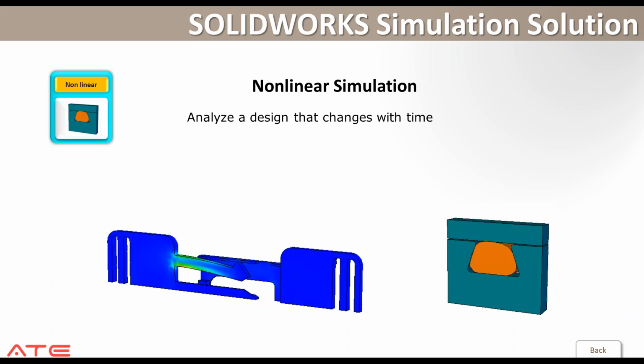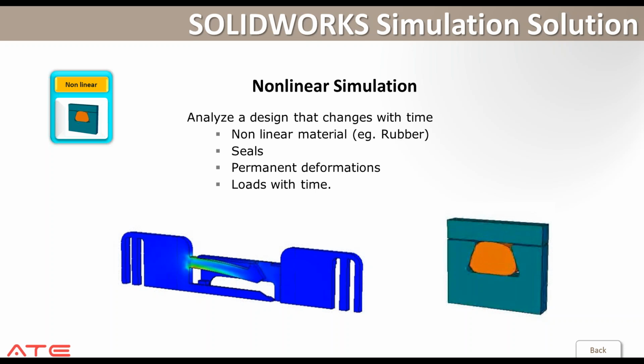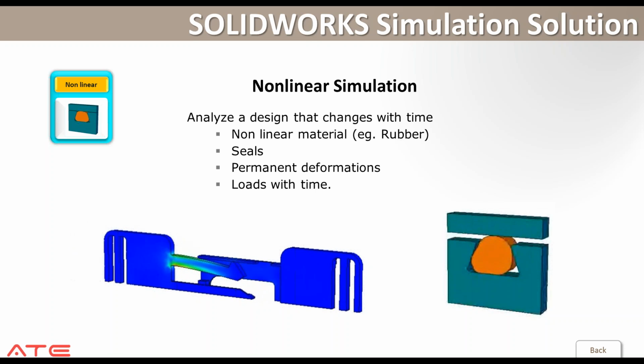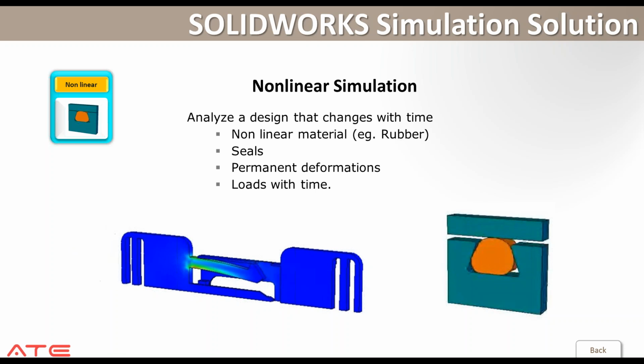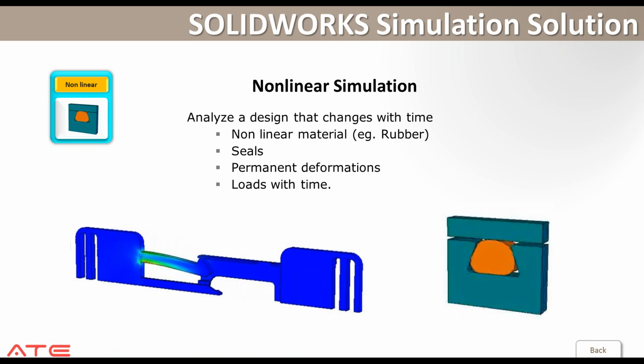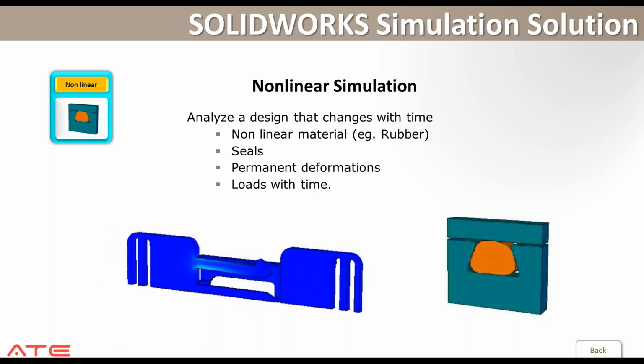We consider that nonlinearity in structural deformation. Some examples here are a rubber seal and permanent deformations, which we also consider nonlinear analysis. The animations below are some examples of the analyses that can be done in nonlinear analysis.